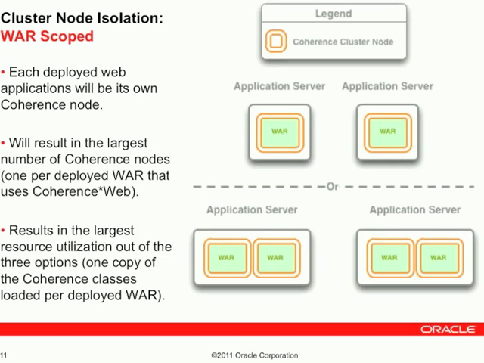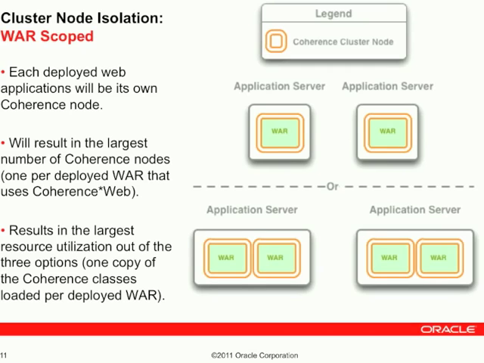Now, cluster node isolation for the last model we'll talk about is the WAR scope. And in the WAR scope, we effectively push the cluster service into the web application class loader. And so this results in potentially the largest number of Coherence members in an Oracle GlassFish Server deployment, and therefore all the resources associated with the cluster service, like threads of execution, etc., as well as instances of the Coherence classes themselves.